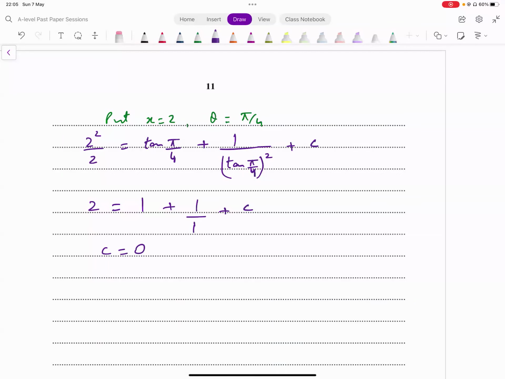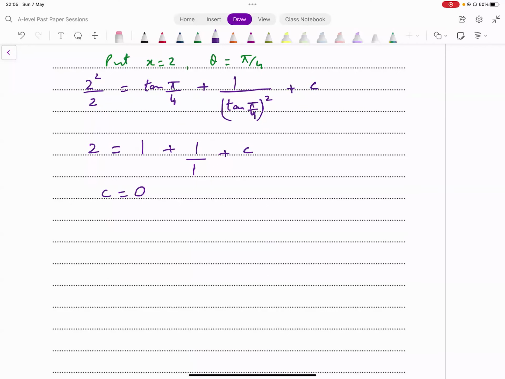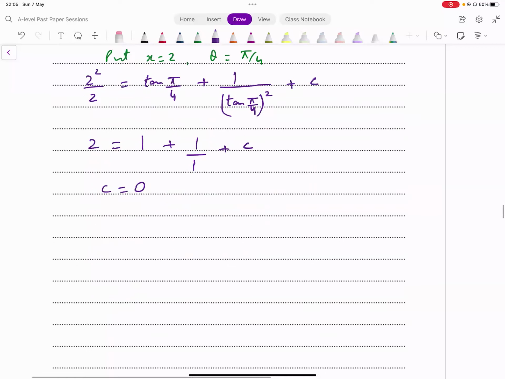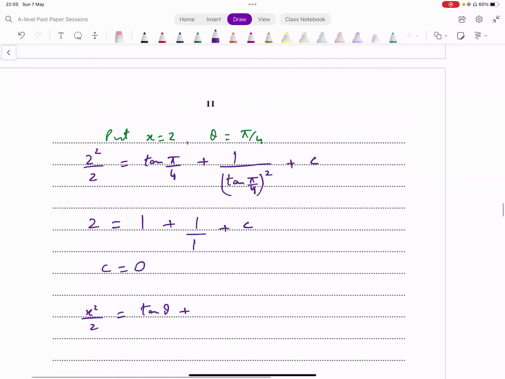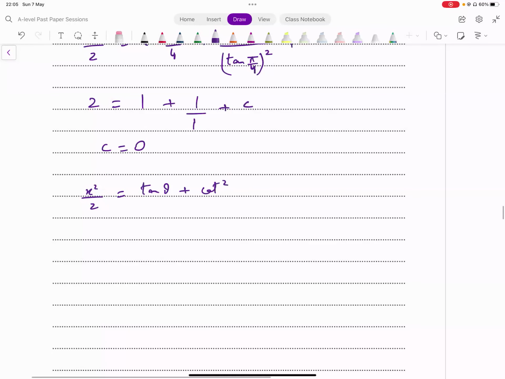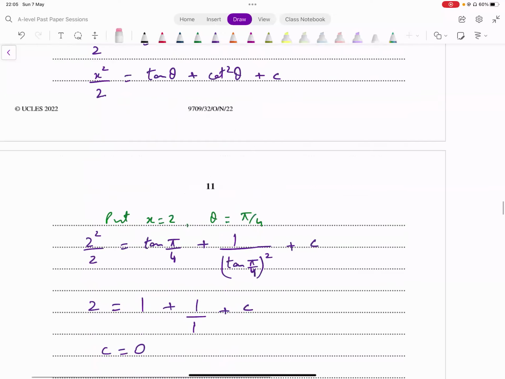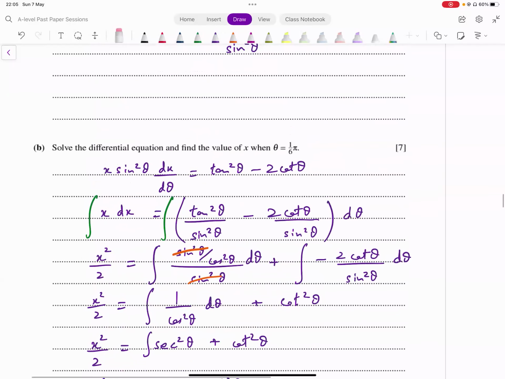अब हम क्या करें, इसमें वापस इनपुट करते हैं x square over 2, that equals tan theta plus cot square theta plus 0. ठीक है, ये हमारे पास इक्वेशन आ गई. ऑल राइट, अब क्या करें. अब हमें उसने एक स्पेसिफिक पॉइंट पे कहा है कि आपको x फाइंड करना है.